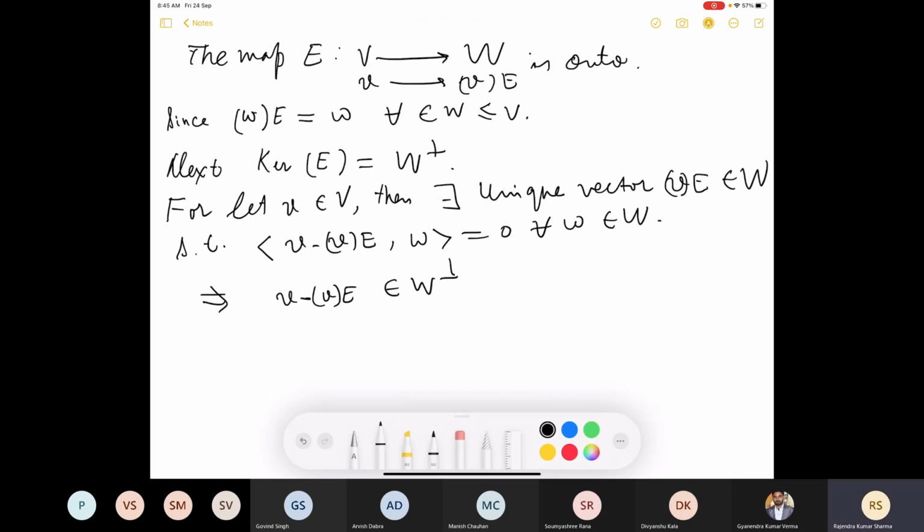Now, this is in the orthogonal complement means that VE belongs to W, that we know.